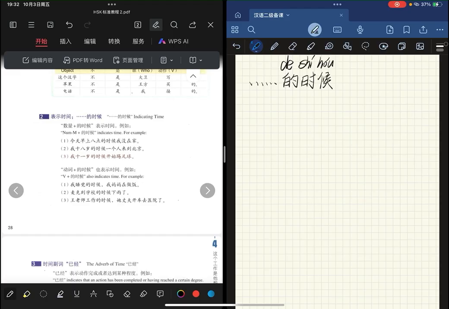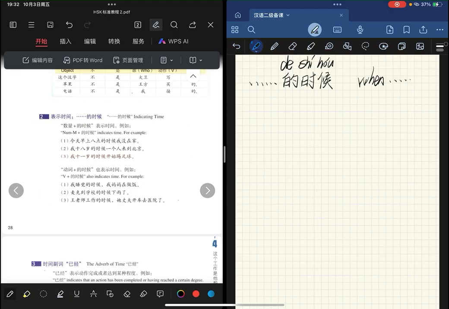It means "when something, when something," or "something 的时候." So we can see it is commonly used in two forms.